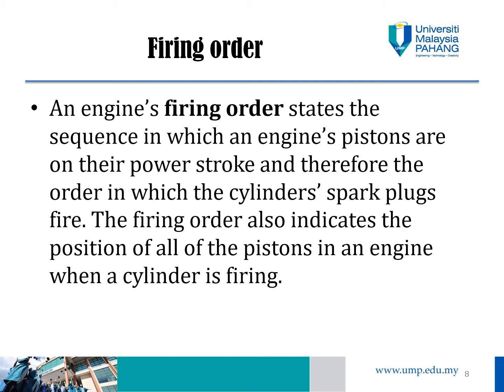So the engine firing order states the sequence. So when you talk about engines, motorcycle engines are single cylinder, so you can talk about the strokes easily. But when you talk about multi-cylinder engine, there needs to be a firing order. So the firing order makes sure that each power stroke is delivered at the correct angle of the crankshaft.